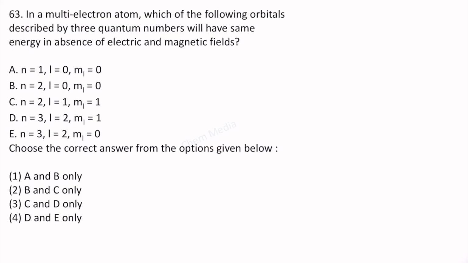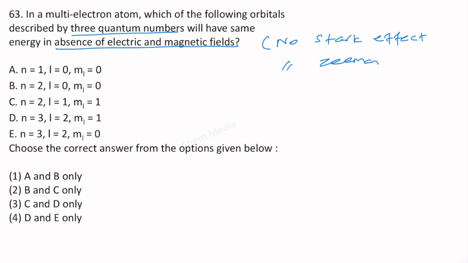In a multi-electron atom, which of the following orbitals described by 3 quantum numbers will have the same energy in the absence of electric and magnetic fields? That means no Stark effect, because the electric field is absent, and the magnetic field is also absent, so no Zeeman effect.